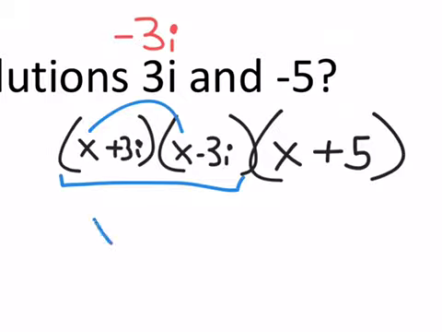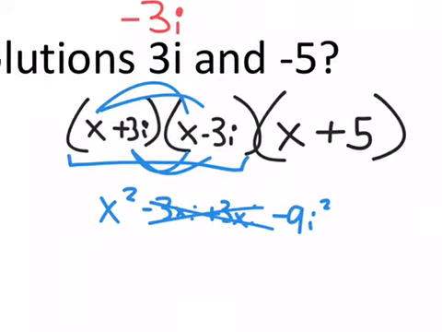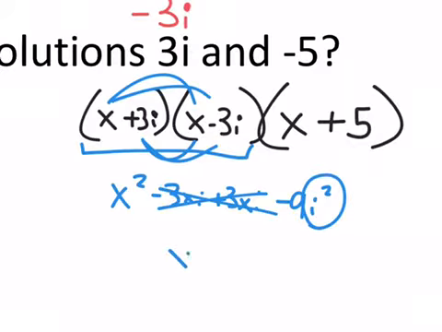So we get x times x is x squared. We get minus 3xi plus 3xi. Those would simply cancel. And then we get a minus 9i squared. i squared is a negative 1. So when I multiply those first two pieces together, that's saying that, hey, x squared plus 9 is one of our factors.